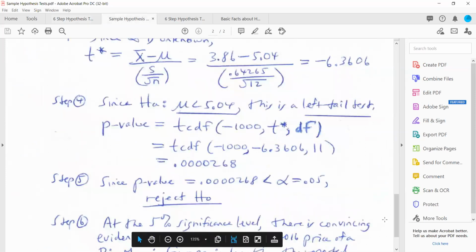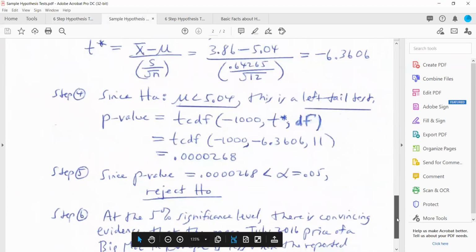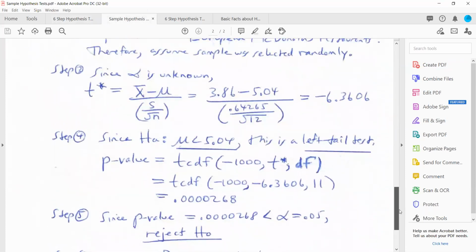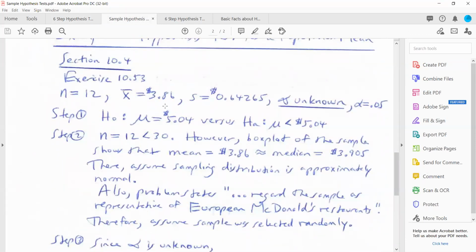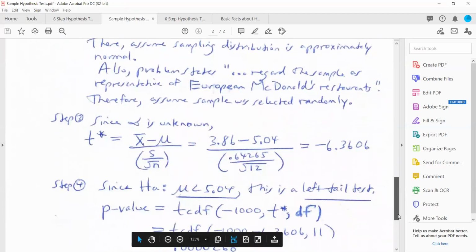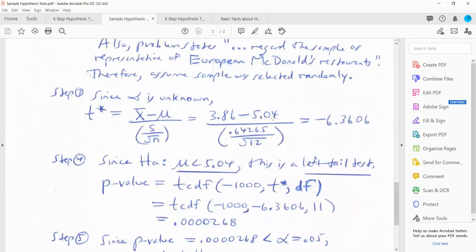Let's go back to the problem. I think we're running out of time, but that's okay. I do want to show this to you, obviously. You need to know this. So what is our sample mean? It's $3.86, it came out $3.86 even. I don't need to store that. I know $5.04 is the hypothesized mean, the one that we're using from the US.